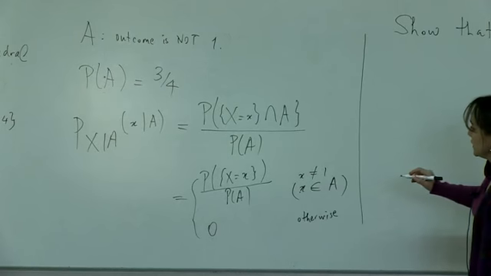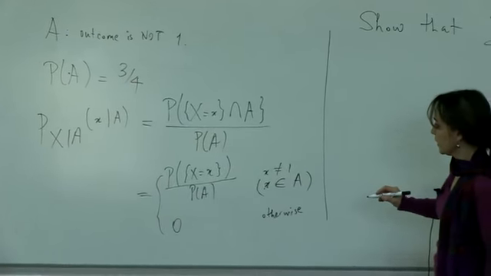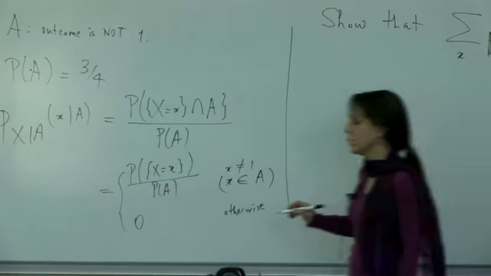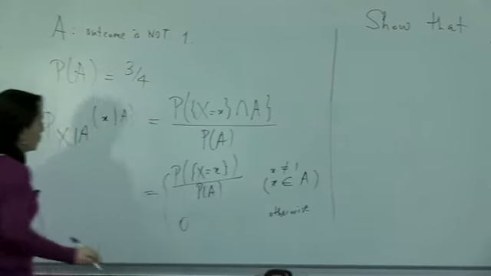Let's compute this. The probability that X is equal to x is 1 over 4. P of A is 3/4.